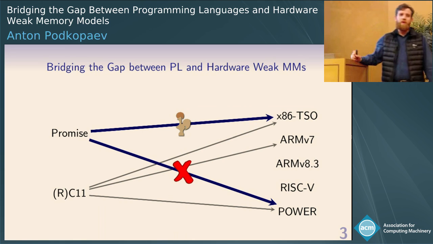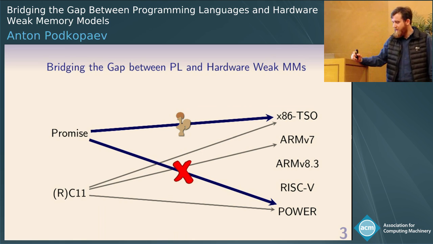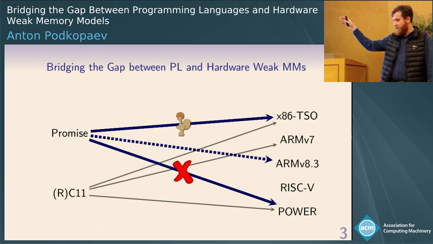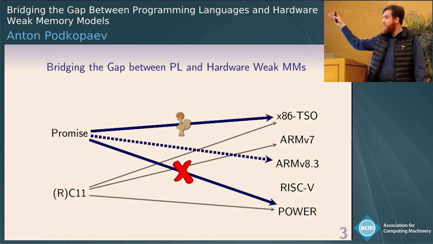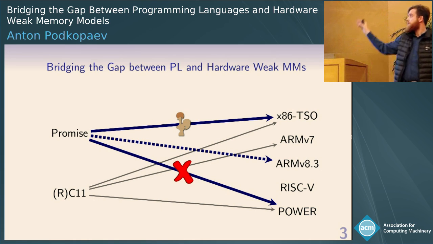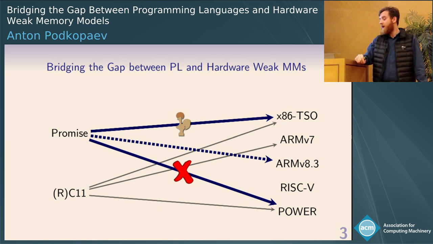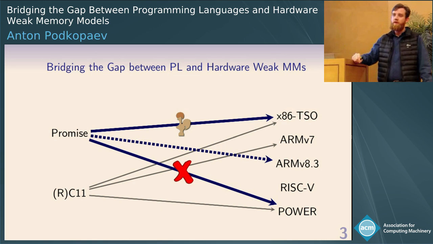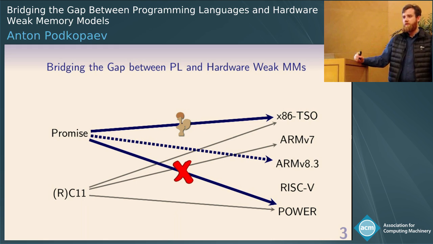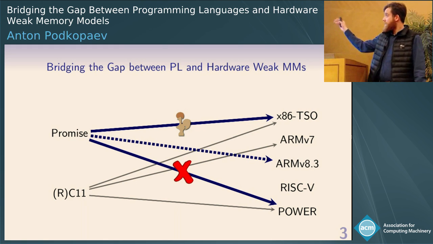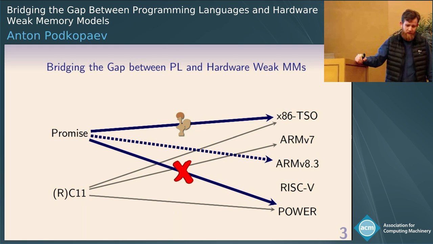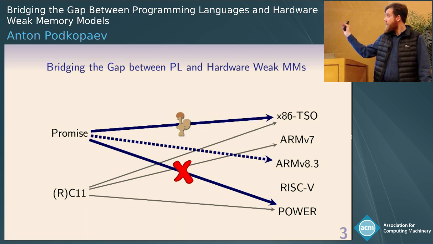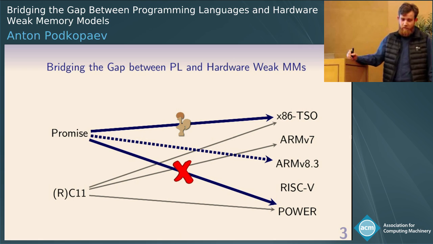Also, it used to be considered that the standard compilation scheme from promising semantics to ARM v8.3 is correct. However, we found out that for RMWs it has to be strengthened a bit. So this is the state of the art, and as you see, not all errors are found.